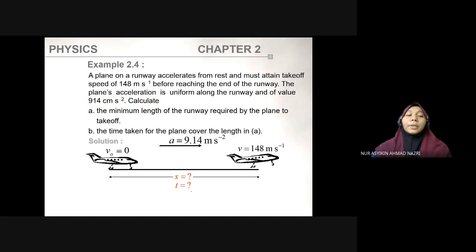Okay. And then B, the time taken for the plane to cover the length in A. It seems challenging, but once we have all of this and have learned physics, we know the expression, then no problem.